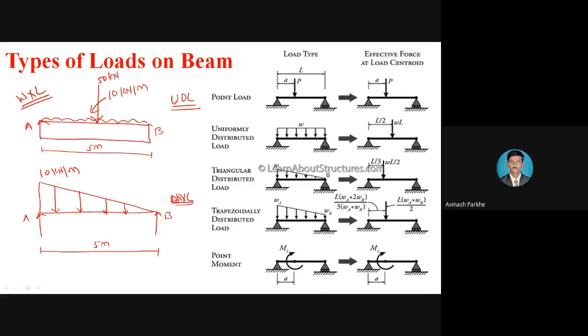This UDL always acts at the center, means 2.5 meter here and 2.5 meter here. Whatever the UDL we have converted into the point load, it is always at the center of that particular UDL.